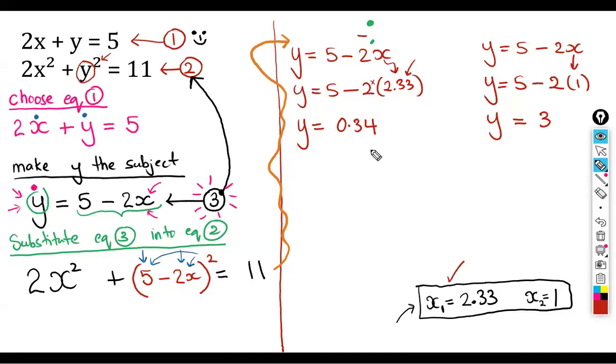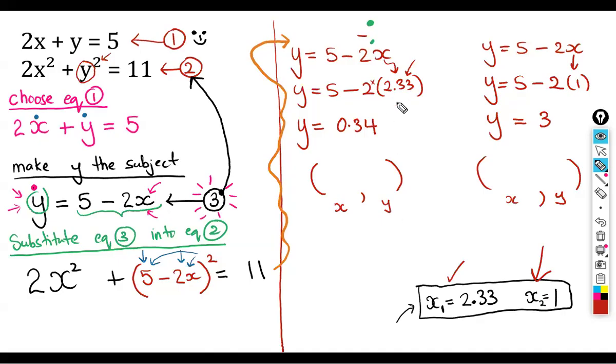Now, here's the thing. You cannot leave your answers like the answers for x down here and the answers for y down here. You have to put it in coordinates form. Remember, you have to pretend you're on graph paper. On graph paper, the x value does come first and the y value does come after. So you have to put it like this.